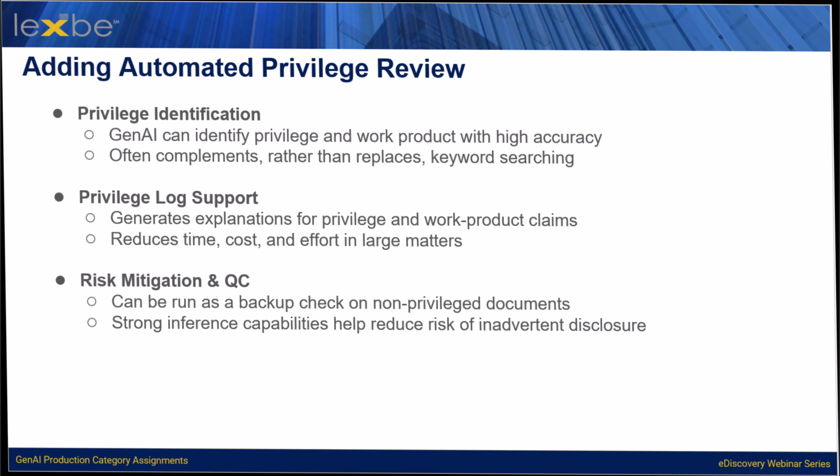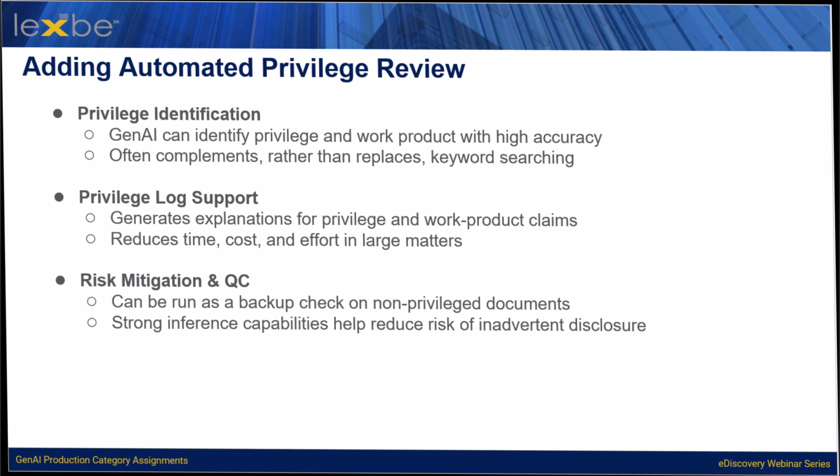One example is that in large cases, determining the reason for a privilege or work product claim can be time-consuming, expensive, and tedious. A GenAI process could generate draft explanations for privilege logs quickly and accurately for review and finalization. Also, for cases where the risk of providing privileged documents to opposition is substantial and unacceptable, a GenAI process can be run against all the documents not otherwise identified as privileged as a backup QC step.